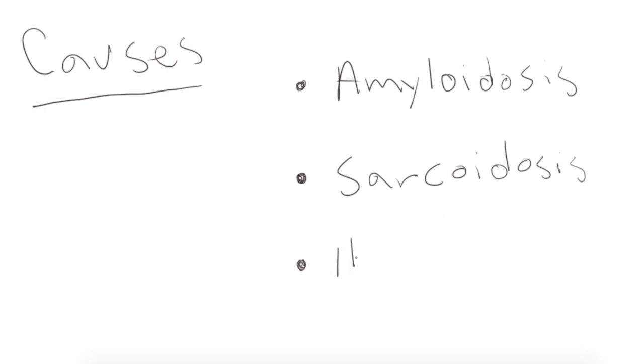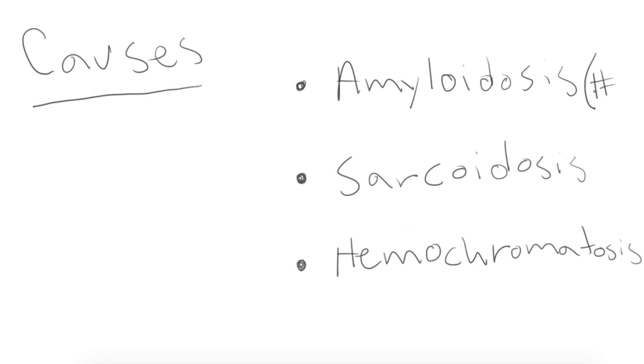And then even less commonly asked would be something like hemochromatosis. Definitely for amyloidosis, this is your number one. If they're going to ask you anything, they're going to ask you about amyloidosis associated with restrictive cardiomyopathy.